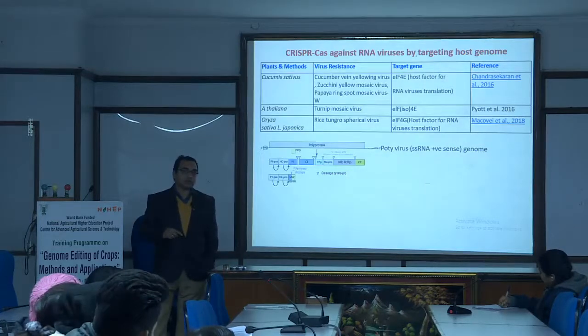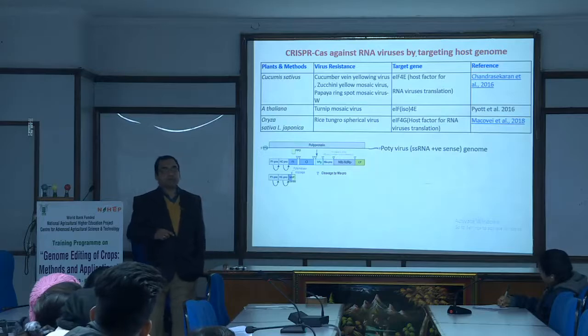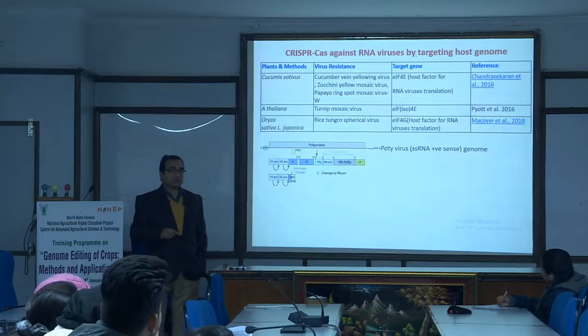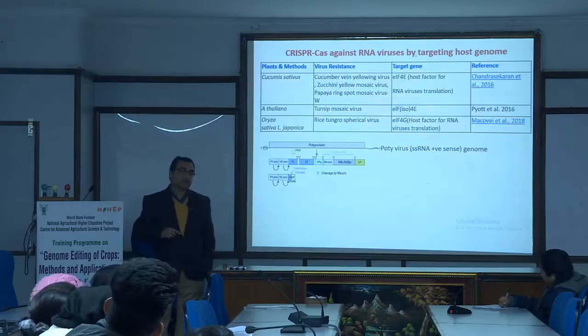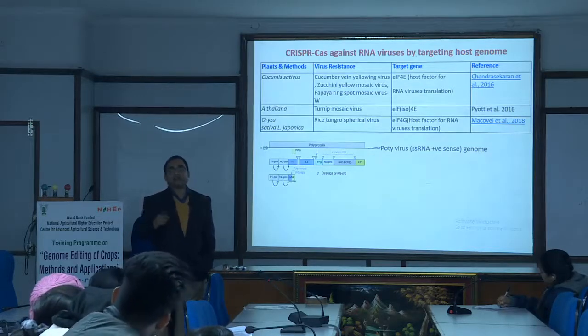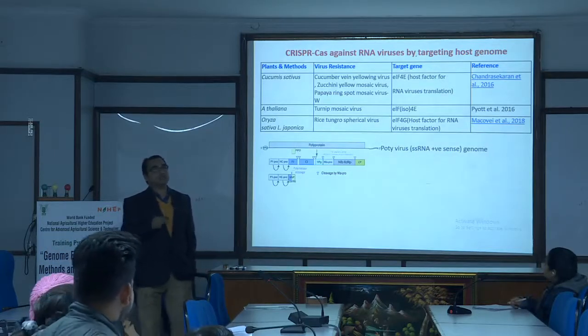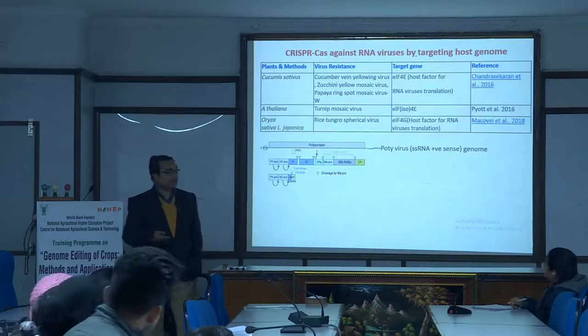We have a project on inhibition of papaya ring spot virus, which is a positive sense RNA virus infecting papaya. We are trying to target the virus in both ways: directly targeting the viral genome, and targeting some host factor which is responsible for the establishment of the infection.